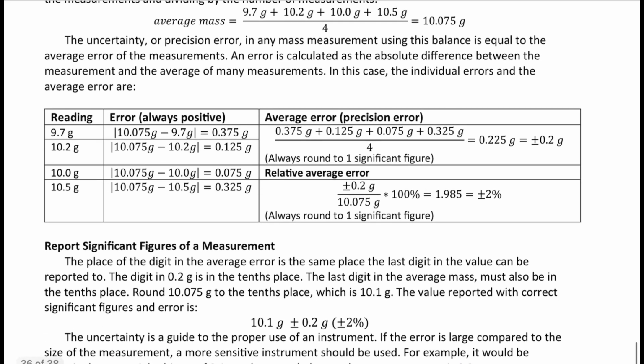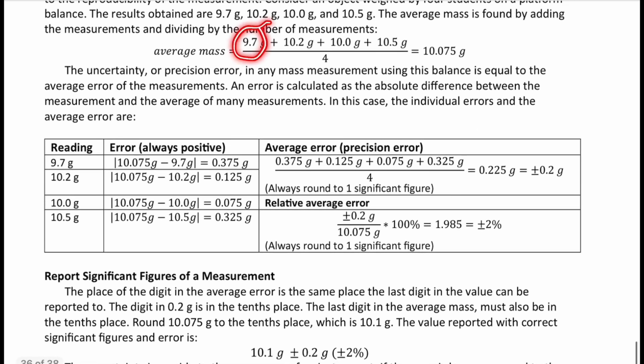So what we have to do is now calculate precision. So for each value independently, we look at how it compares to our mean. So we take our mean value and we find the difference from the first trial. And we take the absolute value of that, so our difference will always be a positive value. So here's for the second trial, here's for the third trial, and here's for the fourth trial.